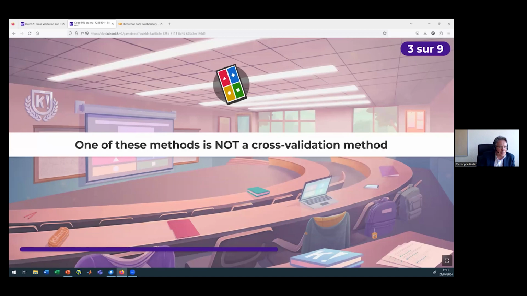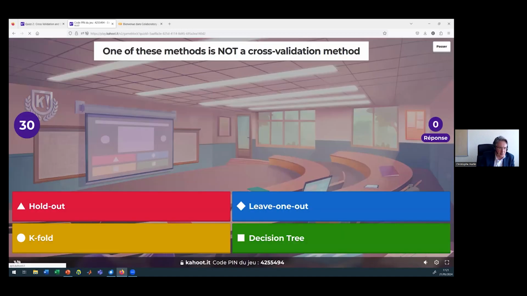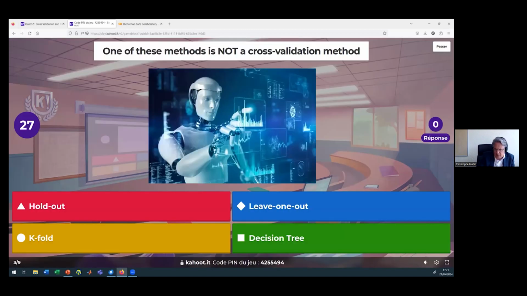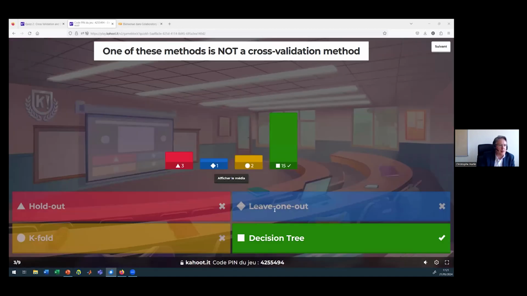One of these methods is not a cross-validation method. Yes, great.